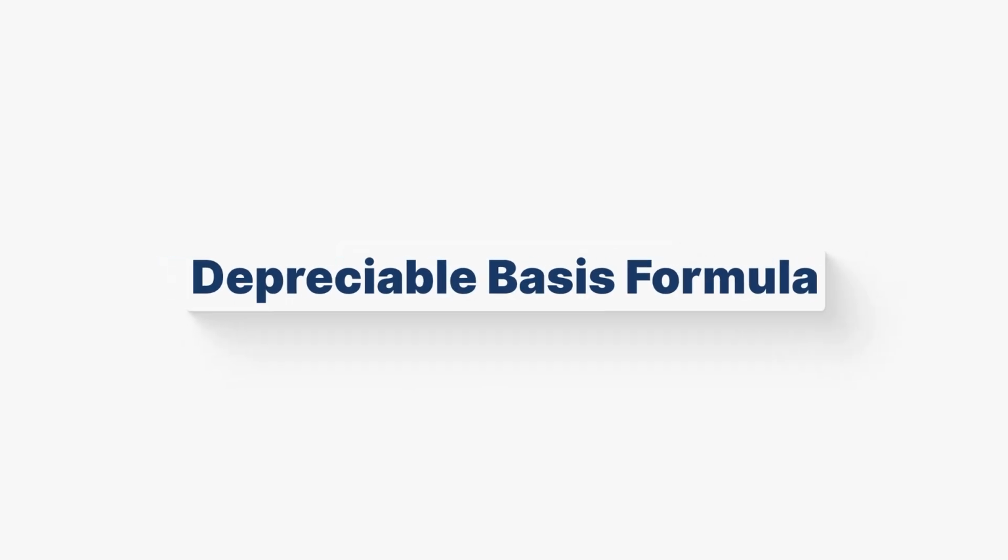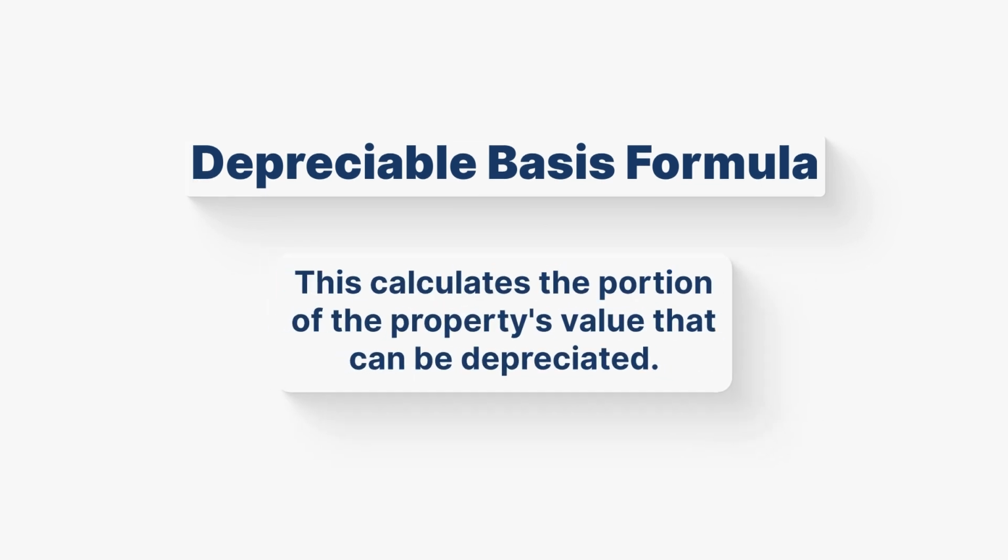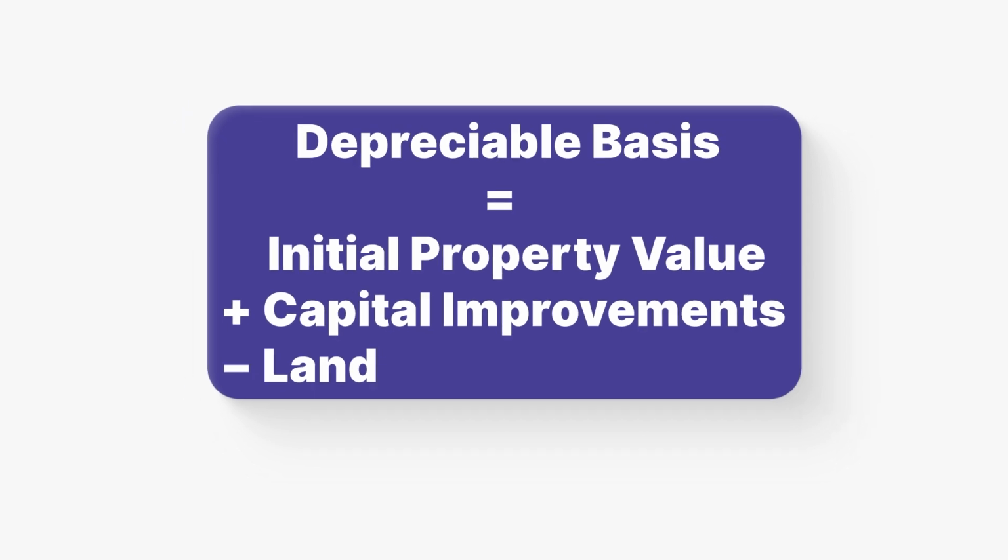The depreciable basis formula. This calculates the portion of the property's value that can be depreciated. Since land does not depreciate, we subtract its value from the overall property value, and we can add any improvements made to the property. The formula is depreciable basis equals initial property value plus capital improvements minus land.